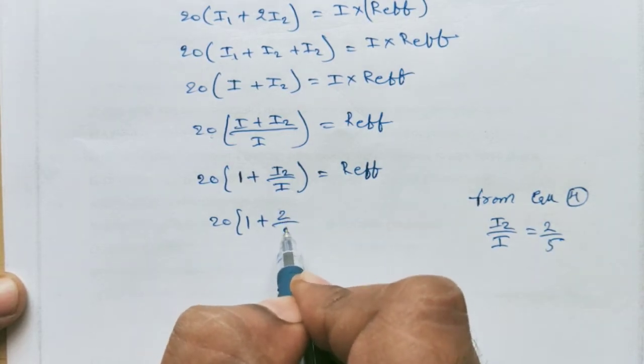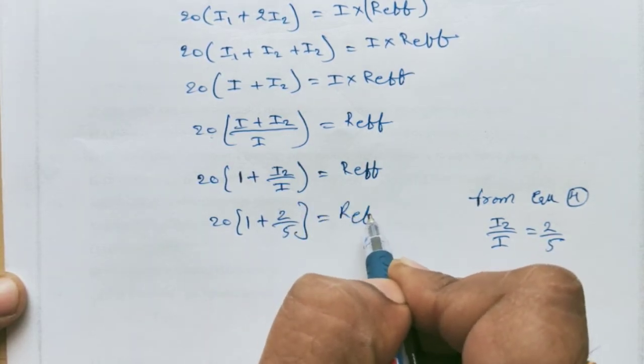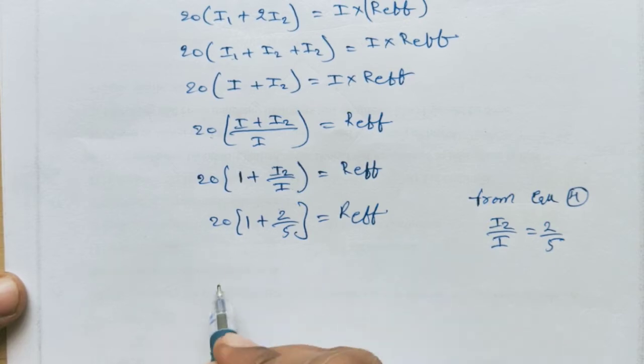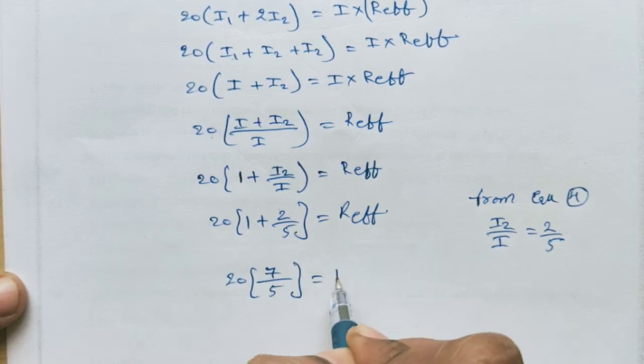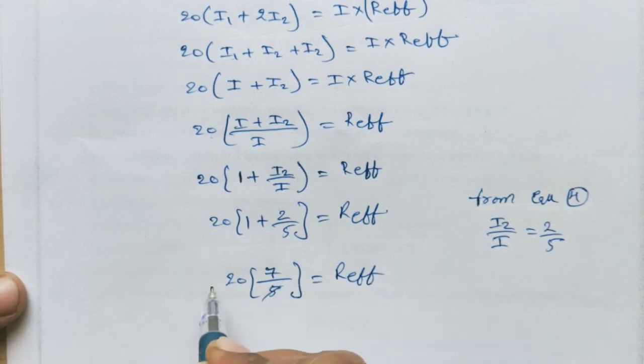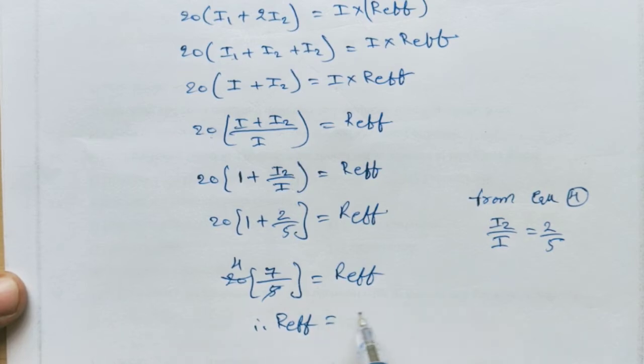So this is 2 by 5 is equal to R effective I am represented. So on LCM, this one is 7 by 5 is equal to R effective. This one is how many times? 4 times. Therefore R effective is equal to 28 ohms we are getting.